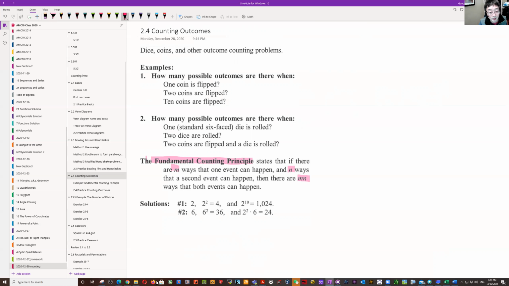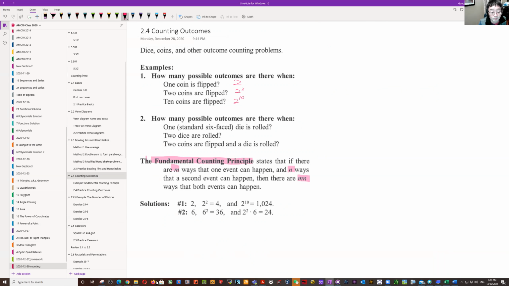That's why counting problems usually end up with really big numbers. If one coin is flipped, the coin has head and tail, so you have 2. 2 coins is 2 squared, because each coin flip is an event. Then 10 coins is 2 to the 10th.